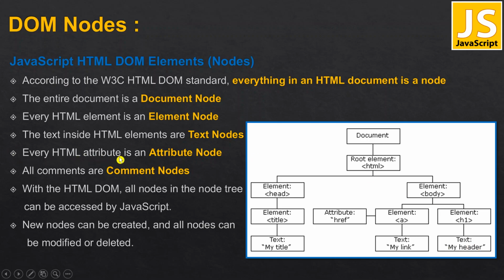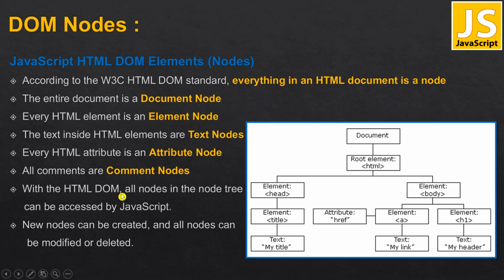And every HTML attribute is an attribute node. Here, for the anchor element there is an attribute called href. In the object methodology it is called an attribute or property of the anchor object. In this concept it is called an attribute node. All comments are comment nodes.